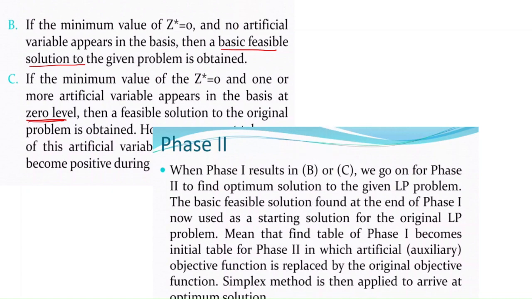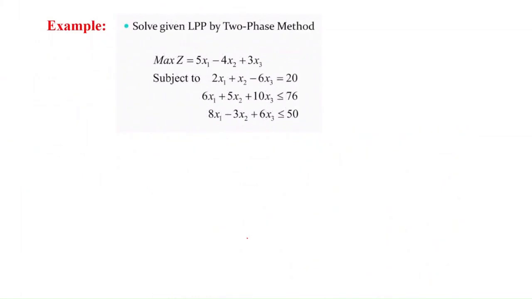So only when the last two cases arise can we move to the second phase. In the second phase, we have the normal simplex method, and we can solve the problem and find the optimal solution. So let us consider one example.